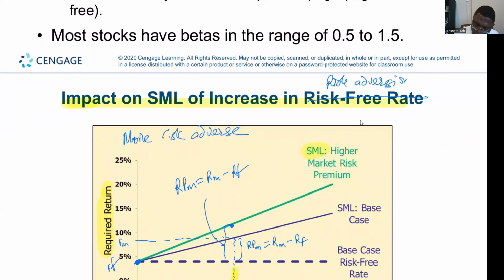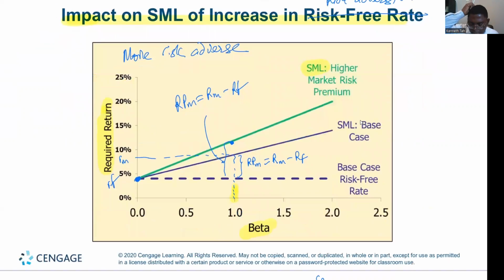Investors become more risk averse and demand a higher risk premium. As a result, even though the risk-free rate remains the same, the security market line is going to tilt upward. All right, I believe that is it for this chapter.